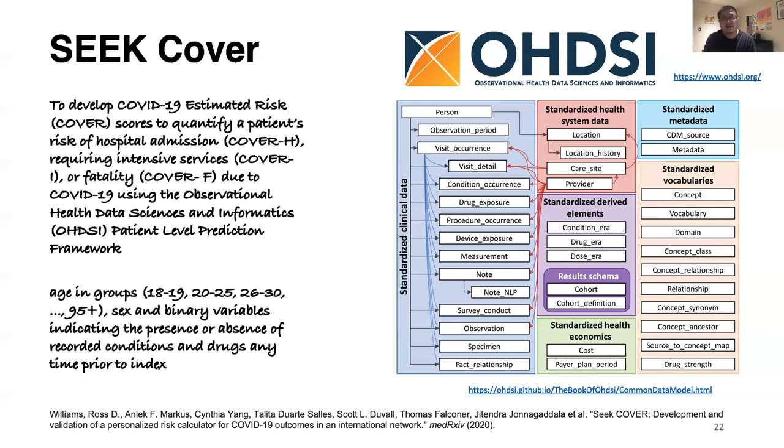In total, they obtained about 32,000 candidate predictors indicating the presence of those unique conditions and drugs recorded prior to the index date. 75% of patients were used to develop the prediction model, and the remaining 25% was used for validation. They trained a model using LASSO with a threefold cross-validation to tune the parameters.